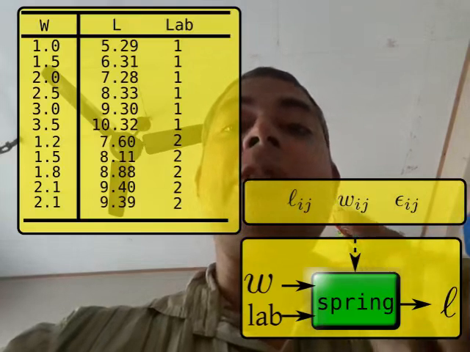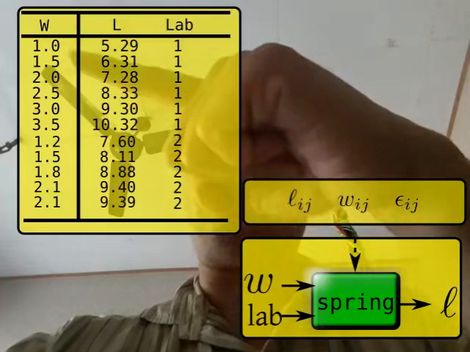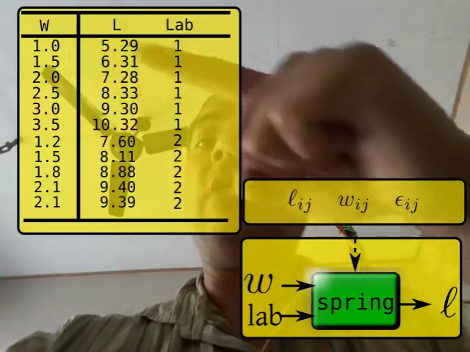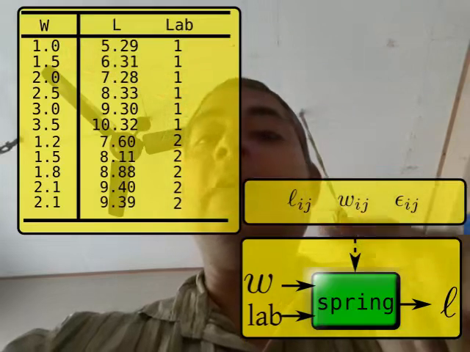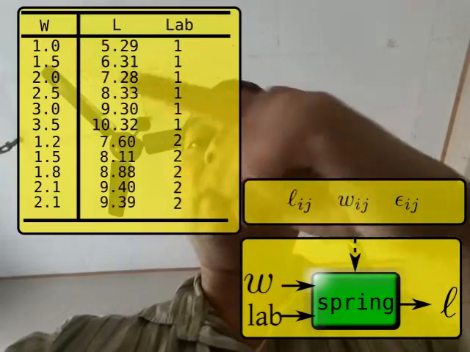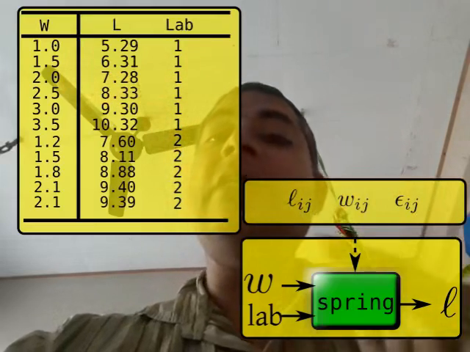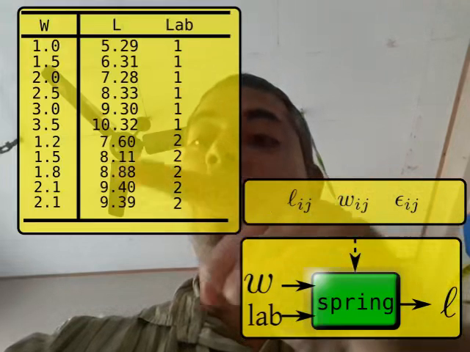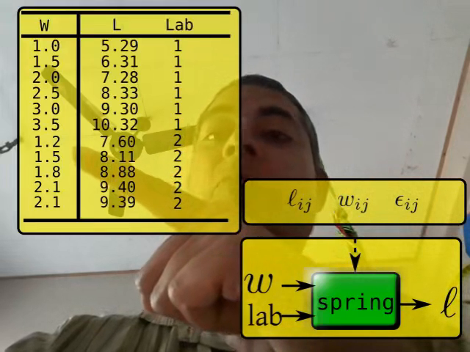For example, what is W11? W11 is this 1.0. Lab 1, trial 1. W12 will be this 1.5. Lab 1, trial 2. Similarly, W21 will be lab 2, trial 1, that is this 1.2.